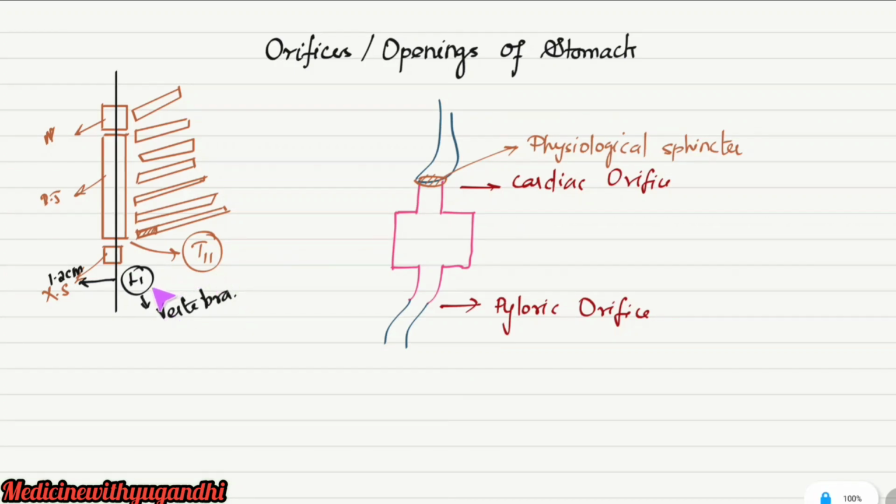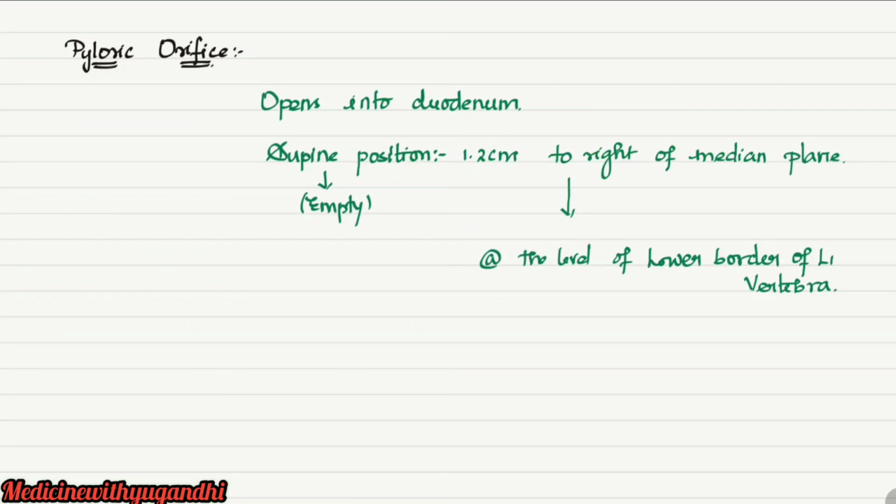That too at the level of the lower border of the L1 vertebra. Once again I am mentioning, this pyloric orifice opens into the duodenum and during the supine position and when the stomach is empty, it lies 1.2 centimeter right to the median plane at the level of the lower border of the L1 vertebra.